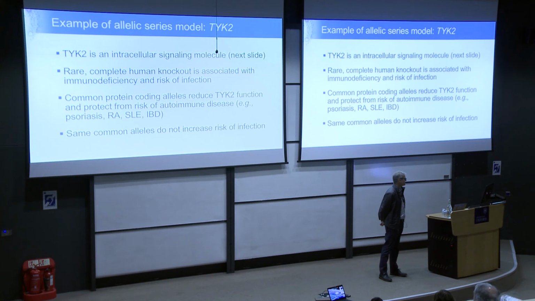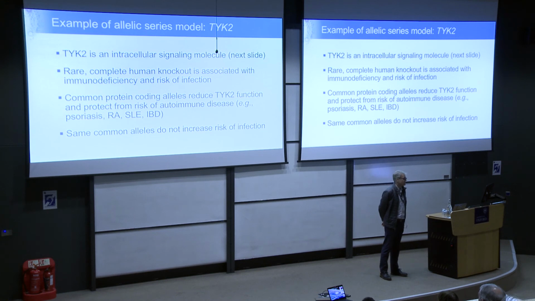This is an intracellular signaling molecule, and I'll show you more about this on the next slide. There are rare mutations, complete human knockouts, and these mutations are associated with immunodeficiency and an increased risk for particular types of infections. There are also common protein coding alleles that affect the enzymatic function of TYK2, and these alleles are loss of function and they protect from a variety of autoimmune diseases, including RA, lupus, type 1 diabetes, and IBD.